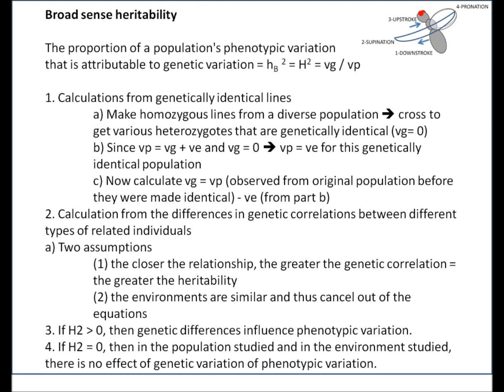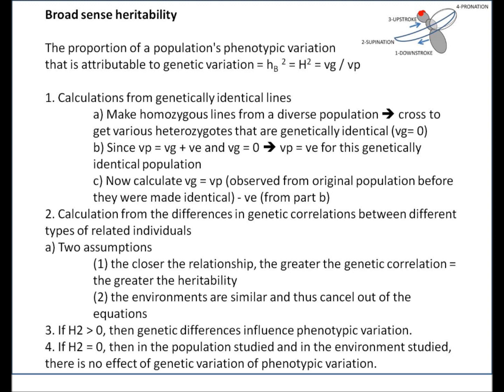Hence, the total phenotypic variance is caused by the environment. Now you can calculate the total genetic variance by taking the total phenotypic minus the environmental. So that's one way of doing it.